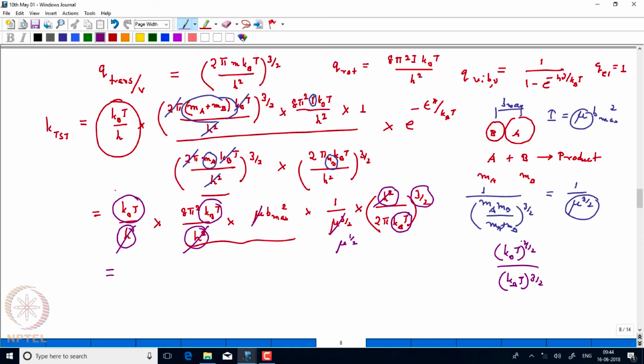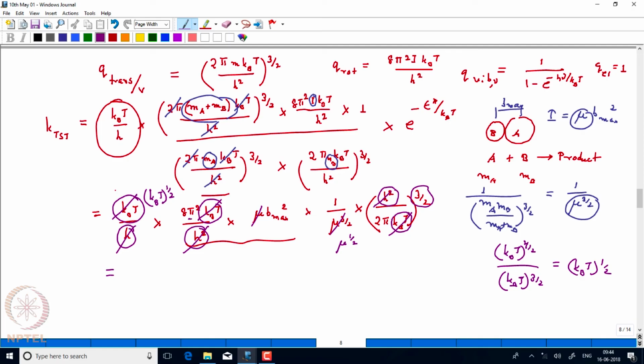That will give me basically kBT to the power half. So these things will get cancelled with this kBT, and in the numerator I will have kBT to the power half. And let us now look at the pi's.